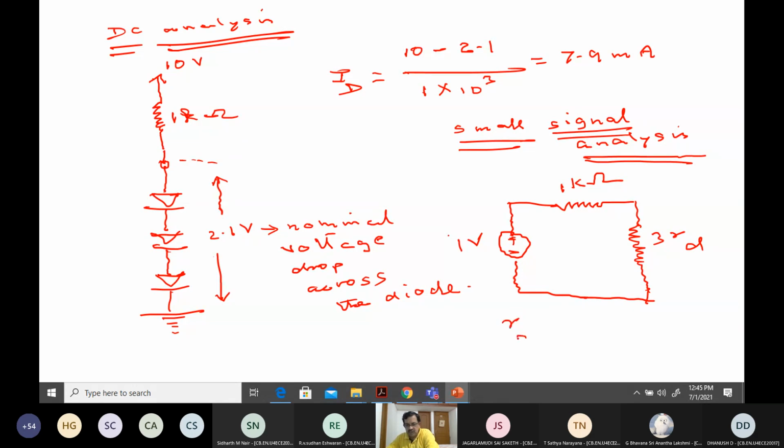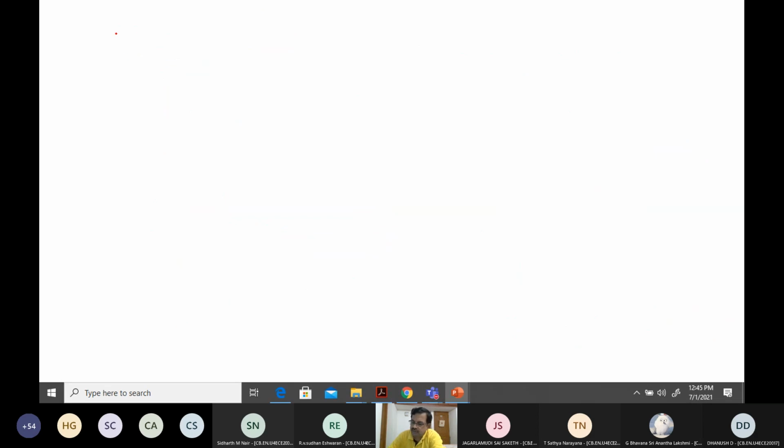So what is this RD? RD is the small signal resistance. How much is the value of this small signal resistance? RD will be equivalent to VT by ID, and that will be equivalent to 25 divided by 7.9.